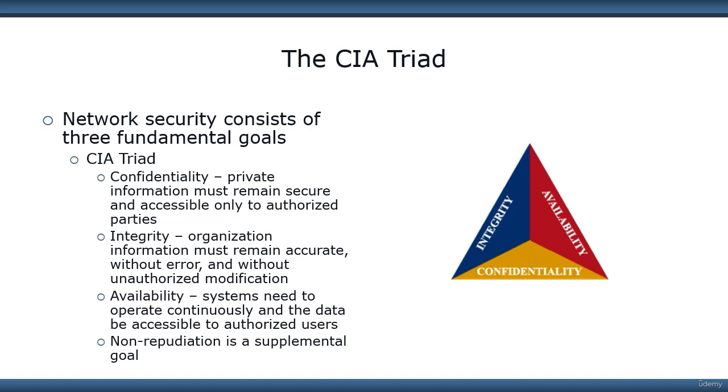And as we start going through the different attacks that are out there a little later, some of those attacks have the goal of just bringing the system down so that it is not accessible to the users that need it on a daily basis. This is just the generic term, a denial of service attack, right? It's attempting to bring down the system so that it's not accessible to authorized users. So confidentiality, integrity, and availability, those are the three major goals of network security described in the CIA triad.